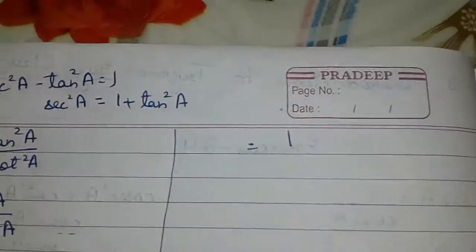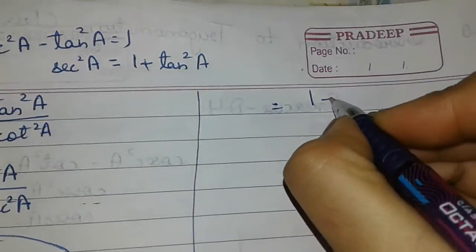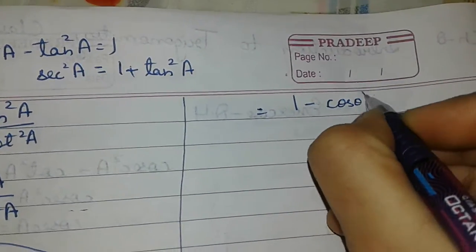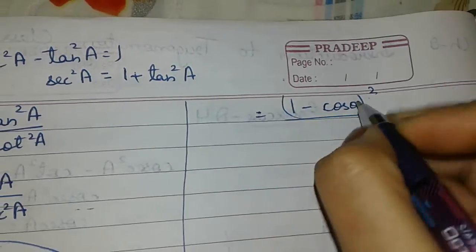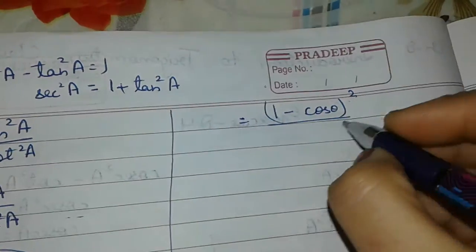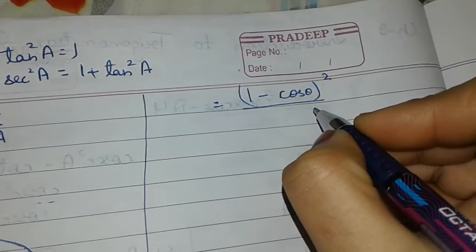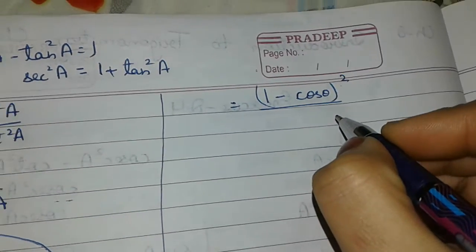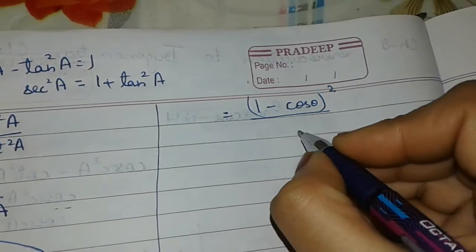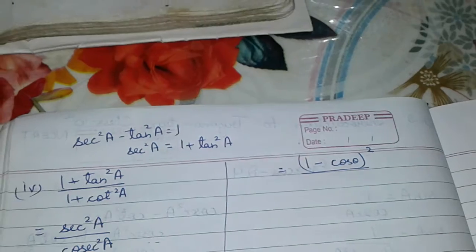Here it is, numerator is 1 minus cos theta whole square, and sin square theta. From the identity sin square theta plus cos square theta is equal to 1, I am finding sin square theta.